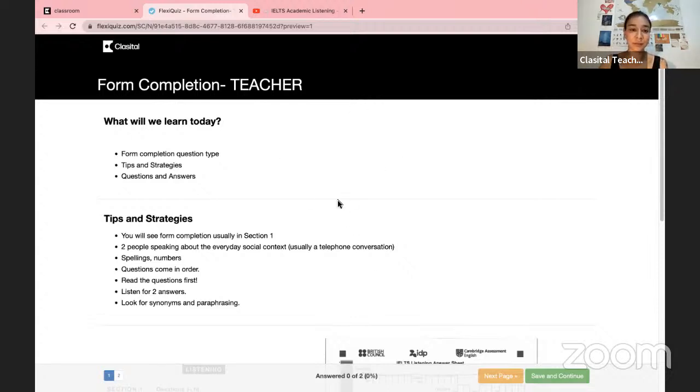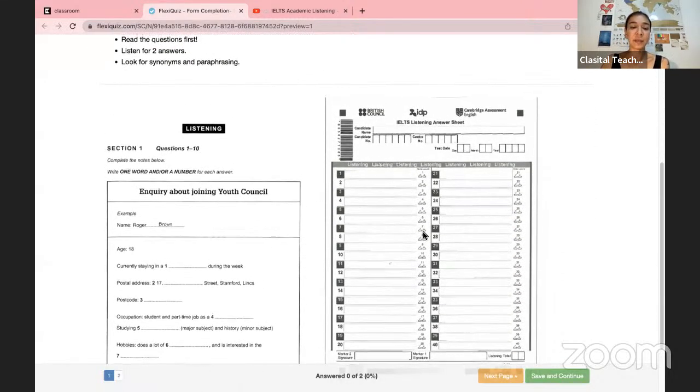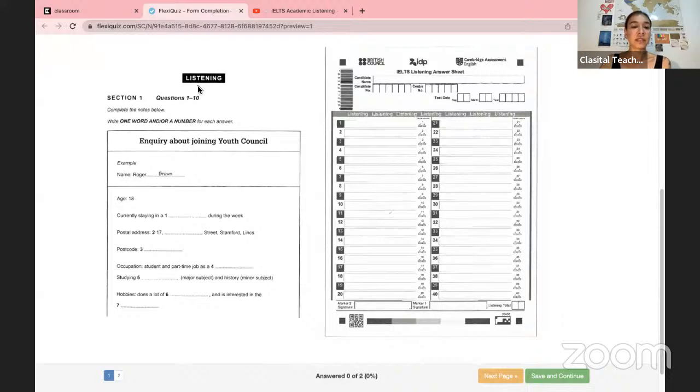First, let's see how you will see this type of questions during the paper-based exam. In the paper-based exam, you will see questions like this, like here, and you will see 1, 2, 3. If you are taking the paper-based exam, you should write your answers on the paper.